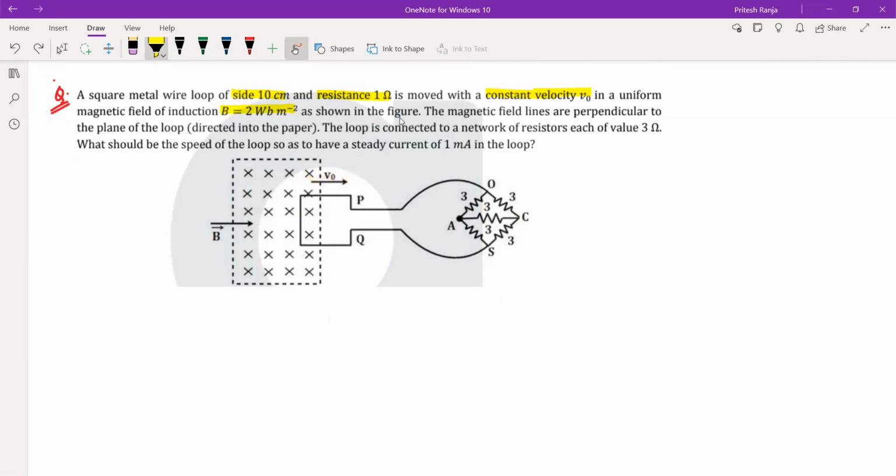Now the magnetic field lines are perpendicular to the plane of the loop. The loop is connected to a network of resistors, each of value 3 ohm. So these are the network of resistors. What should be the speed of the loop? You have to find basically V naught so as to have a steady current of 1 milliamps in the loop.